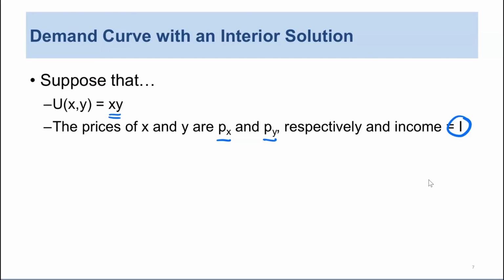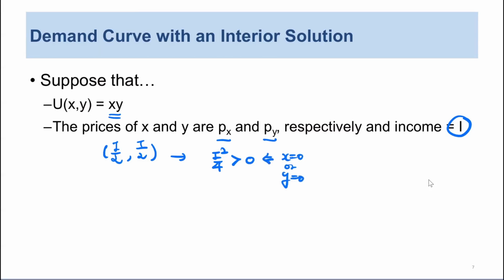For example, you divide half of the income for good X and half of the income for good Y, that will generate utility which is greater than 0.